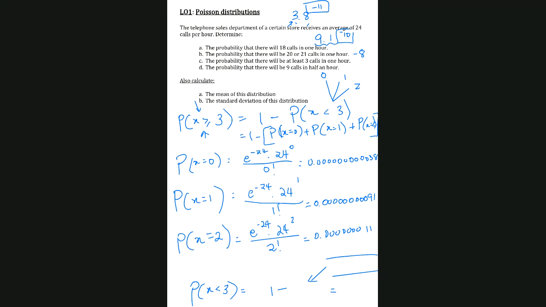Okay, so once you add these up, it gives you 0.000000012. So this would have been 8 zeros again. So 0.000000012, and then you'll say 1 minus that.